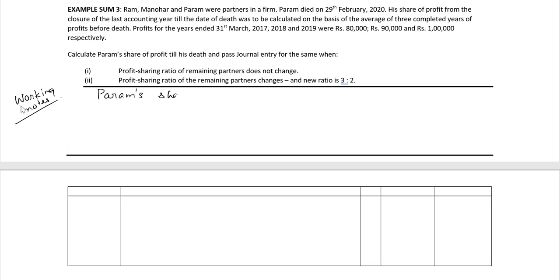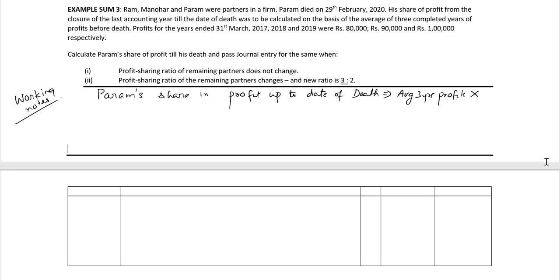Param's share in profit up to date of death is equal to the average of 3 years profits multiplied by... Param dies on 29th February 2020.